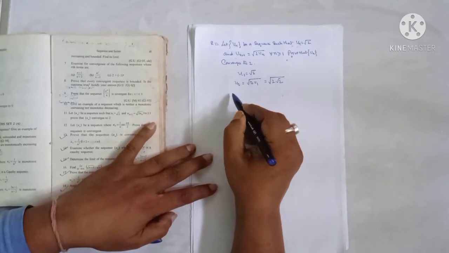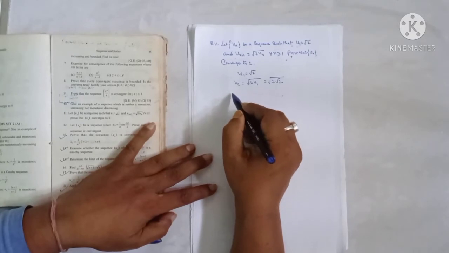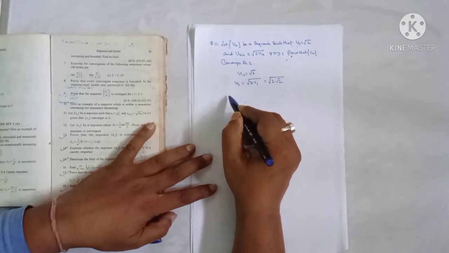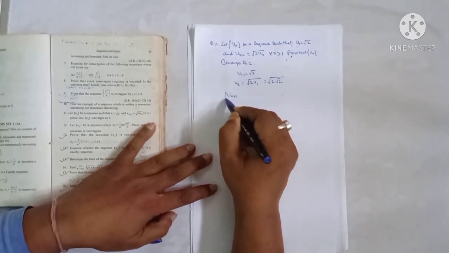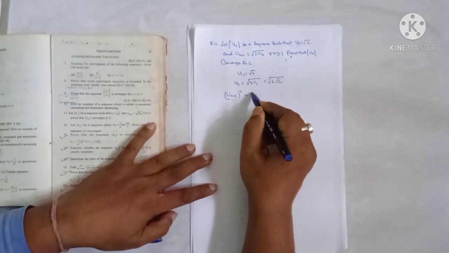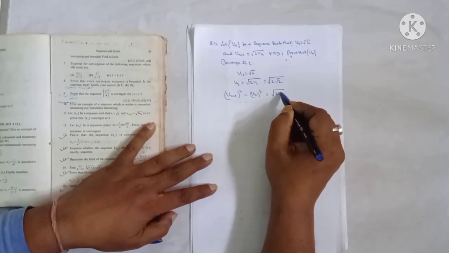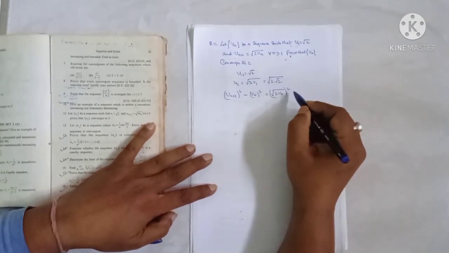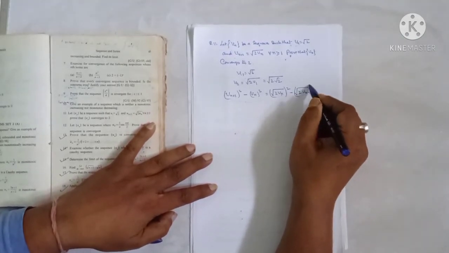Now if you see from here, u(n+1) the whole square minus un the whole square will be root 2 un the whole square minus root 2 u(n-1) the whole square.